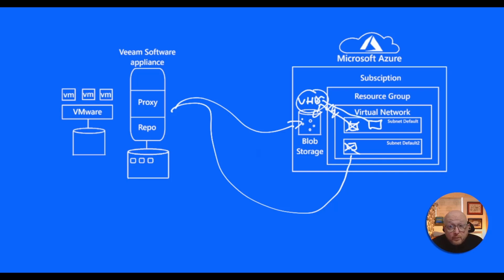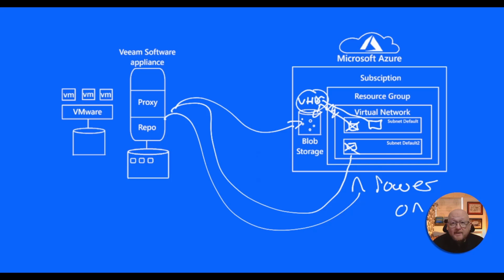Once the registration process is complete, Veeam Backup and Replication issues a power on command, and that virtual machine boots as quickly as possible. So that's a quick walkthrough of actually what is happening that we've been looking at in the log. So let's go back to see how the wizard and the log is getting on.